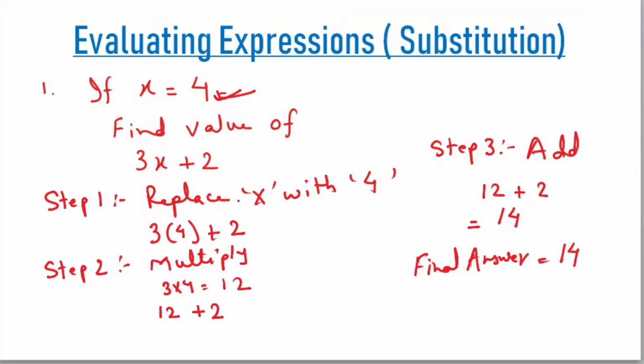First, we replace the variable with the number given. Then, in the second step, we multiply the coefficient with the variable. Then, in the third step, we add. And then we got our final answer. Understand how to evaluate the expressions? Let's take more examples so it will be clear for you how to solve the expressions.